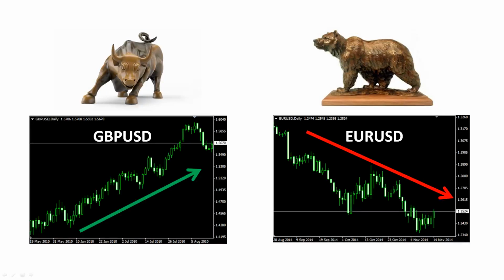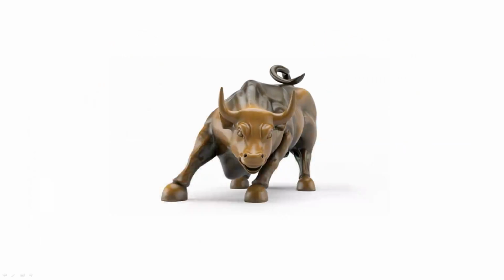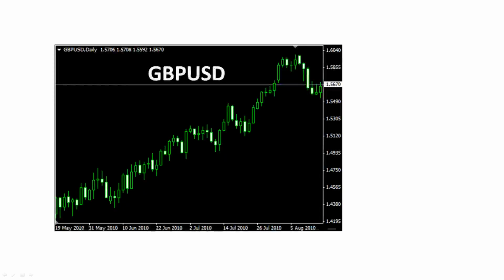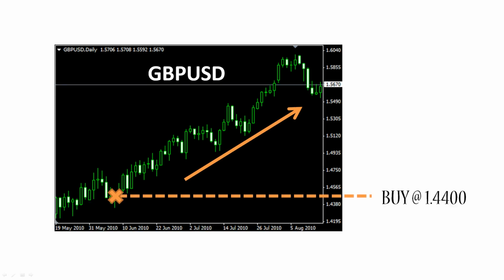Alright, moving on. Today we will talk about bulls and buying on the Forex market. Let's look at a British pound dollar example, and here we can see an upward trend. Let's assume that a bull trader bought at that point in time marked by the cross, and the transaction was conducted at a quoted price of 1.4400 for the British pound US dollar currency pair.